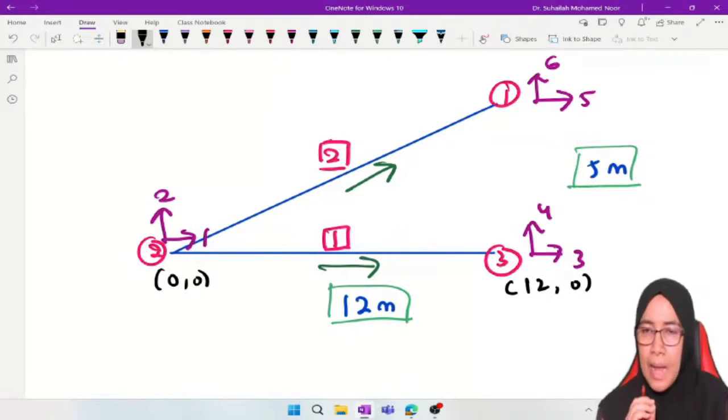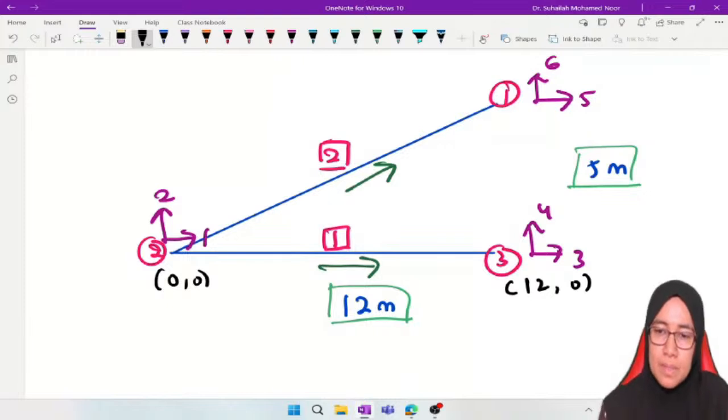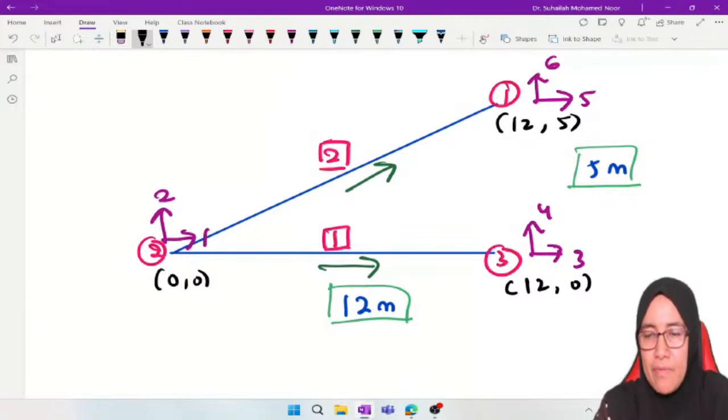The coordinate of node 3 is 12, 0, referring to the origin at node number 2. What is the coordinate at node number 1? It is 12, 5.